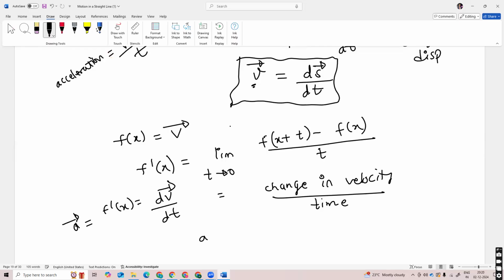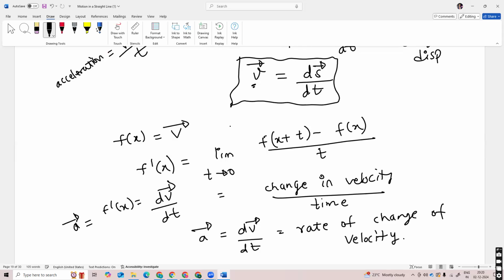So acceleration is the derivative of velocity with respect to time, or the rate of change of velocity. Remember that when you write acceleration as differentiation of velocity with respect to time, it is always instantaneous acceleration, because from the definition of differentiation we have considered t tends to 0.